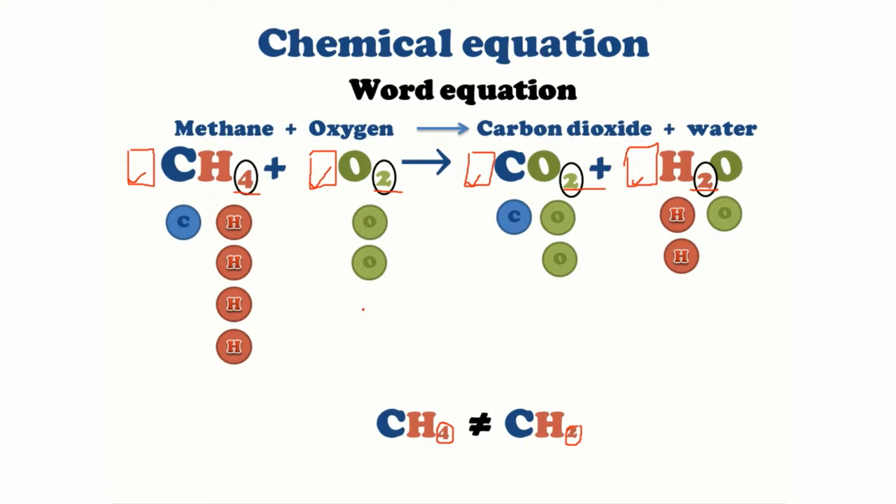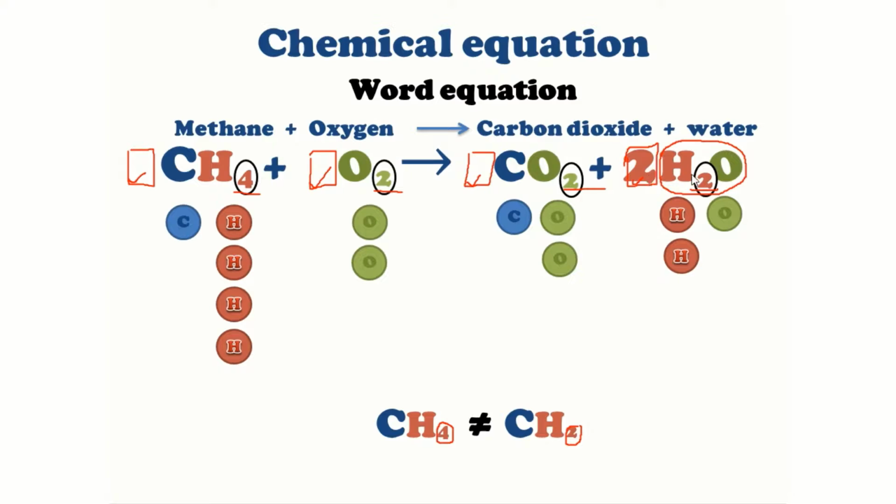So this means we have to multiply this hydrogen so that we can have 4. The only way to do that is to multiply the whole water molecule by 2.